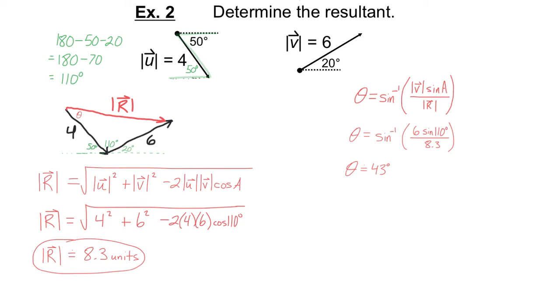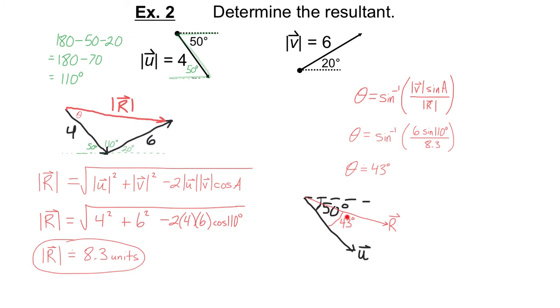I'm going to start by zooming in to this area on the diagram so I can figure that out. So I'm going to start with vector u. Okay, here's vector u. It's 50 degrees down from the horizontal. Now I also have vector r 43 degrees away from u.